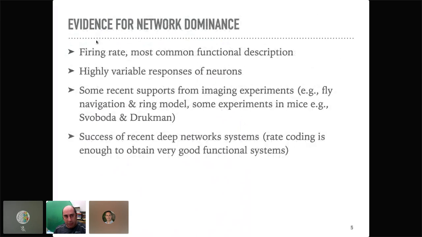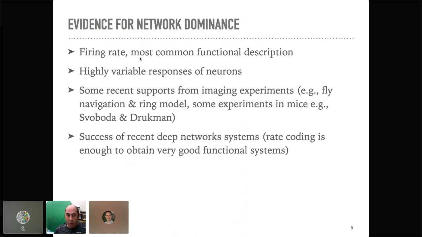And if you look for evidence for this network dominance view, you would find many. First of all, neurons are usually considered to communicate via firing rate.